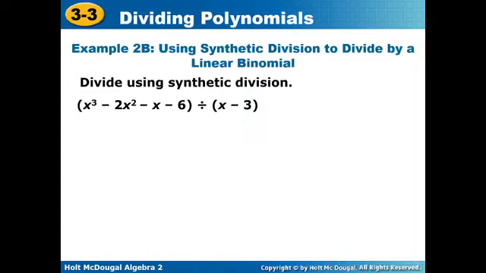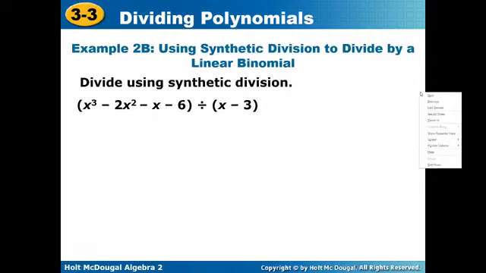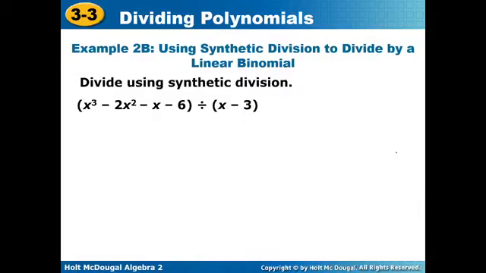You have here x cubed minus 2x squared minus x minus 6 divided by x minus 3. So the first step is simply to find a, and you will be looking for a using the divisor. As a hint, whatever is the opposite of the constant term of your divisor, that is your a.